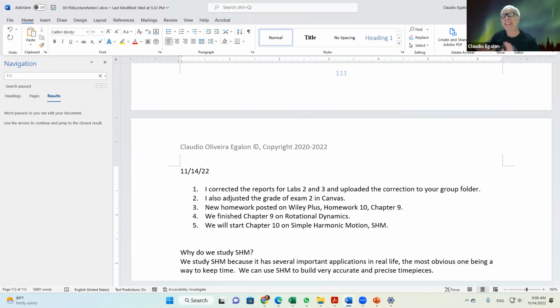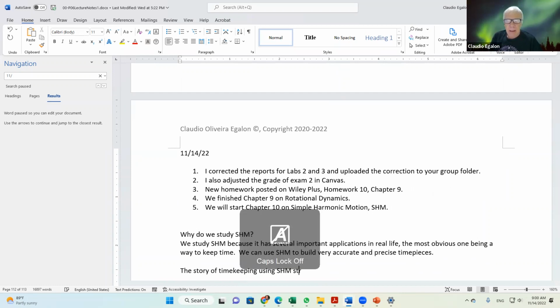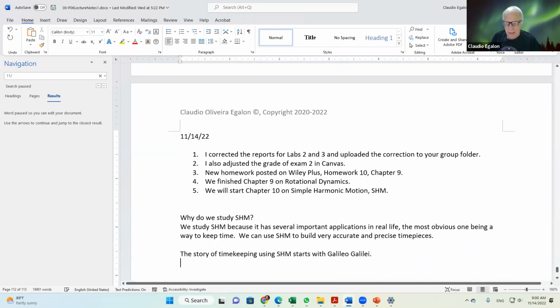And the story is fantastic, okay? It's an incredible story on how we, the society, managed to use simple harmonic motion to keep time. The story of timekeeping using SHM starts with Galileo Galilei, one of the giants of physics, okay?